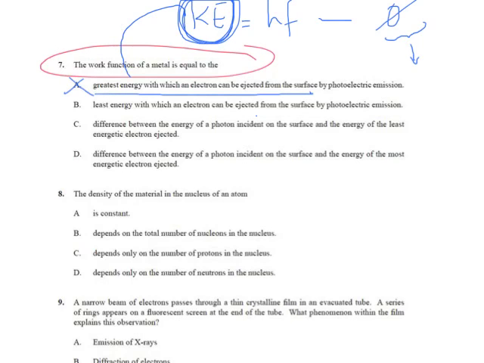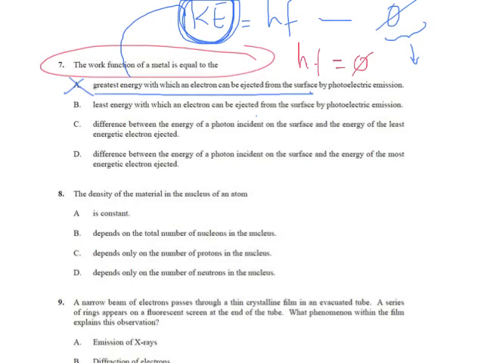Could it be the least energy with which an electron can be ejected? Now, what we mean by the least energy with which an electron can be ejected is when the photon energy, hf, equals the work function.